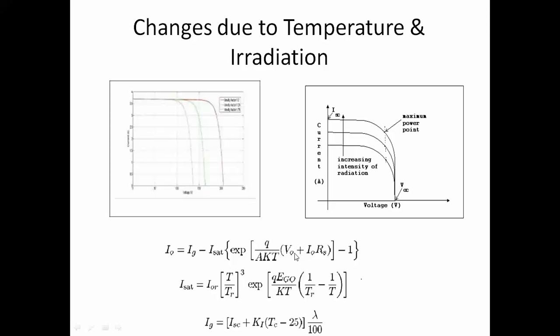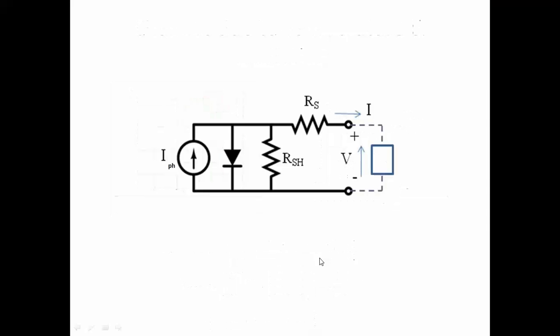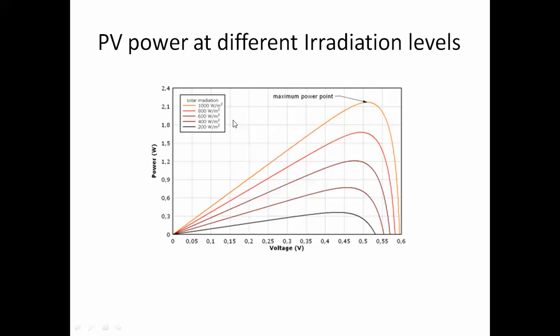If you see here, this is the voltage in the diode expression, QV by KT minus 1. Here V is obtained as the drop in this resistor plus this voltage, that is I into RS plus V, which will give us the voltage at this point.